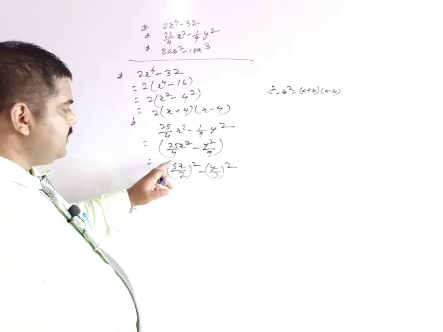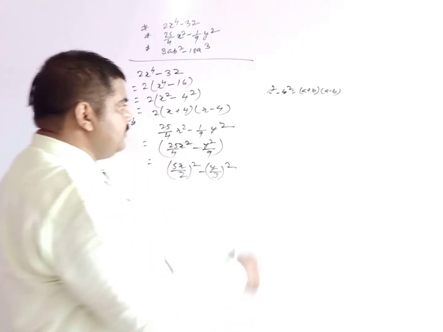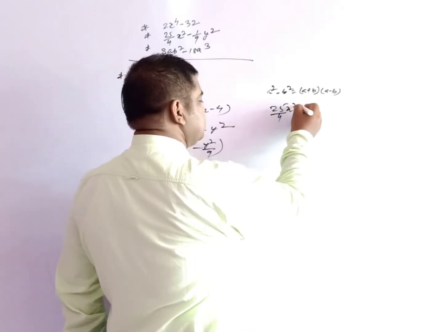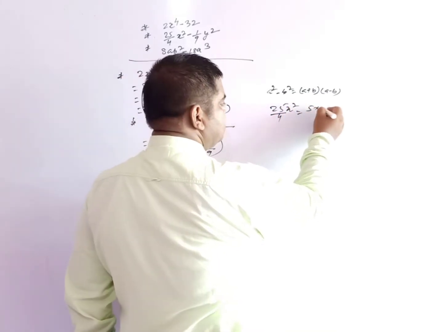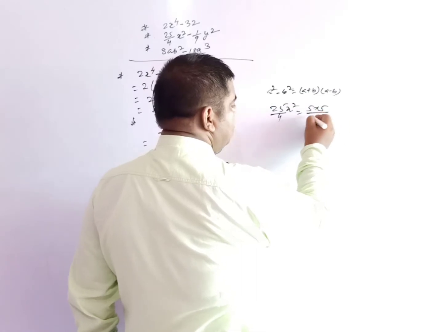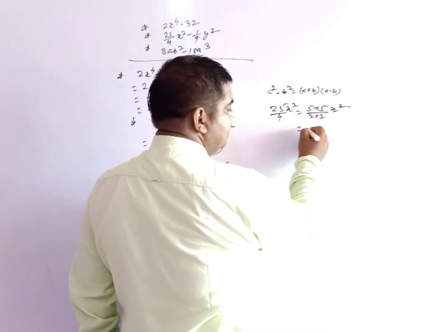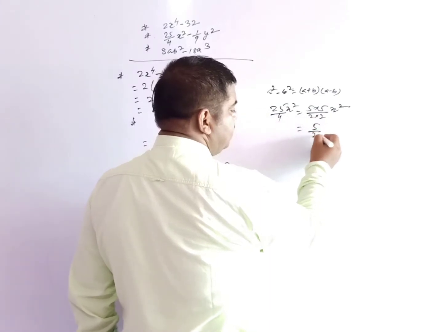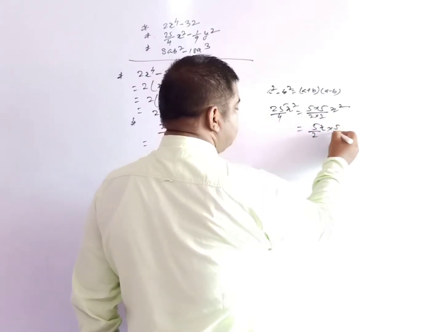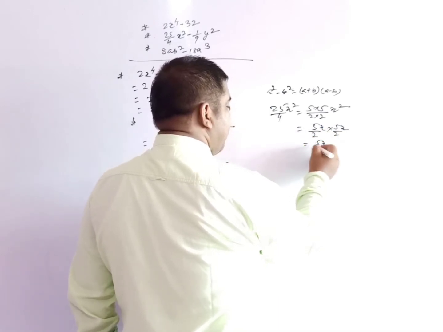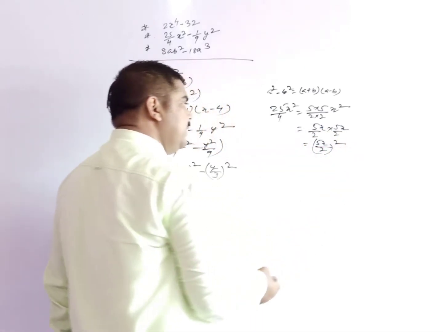Because you know that 25 upon 4x square can be written as 5 into 5 upon 2 into 2 x square. It can be written as 5 upon 2x into 5 upon 2x, and this is why it can be written as 5x upon 2 whole square.